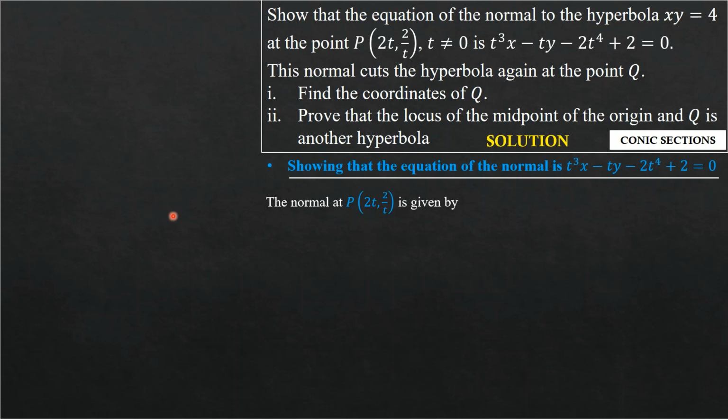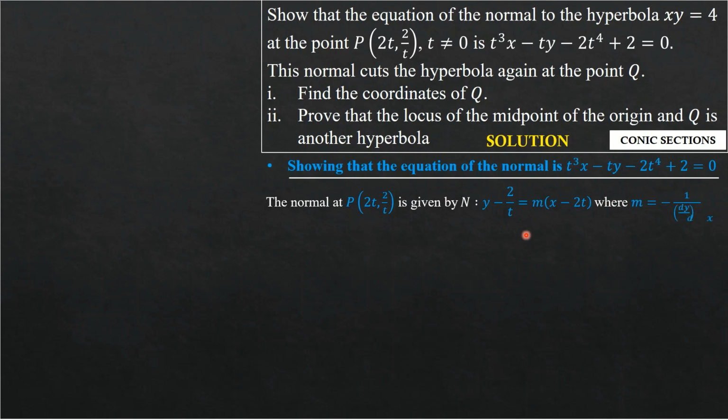The normal is a line which is perpendicular to the tangent. It's given by y minus 2/t equal to m into x minus 2t. The point is, let's just say the point is (x0, y0), so the x coordinate of the point is 2t and the y coordinate is 2/t.